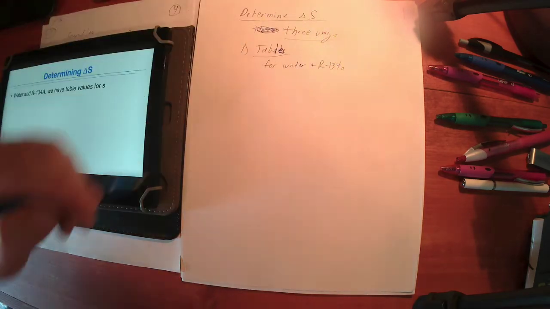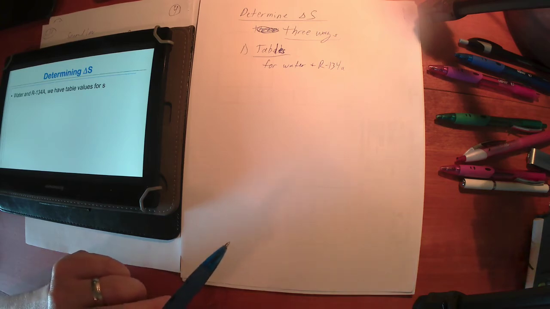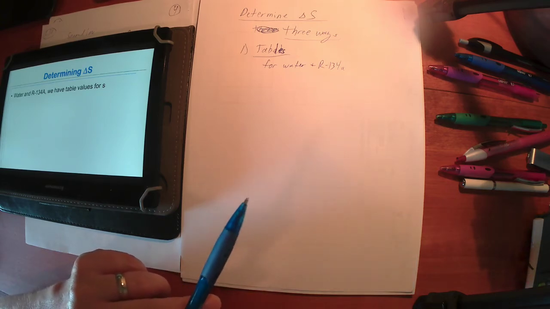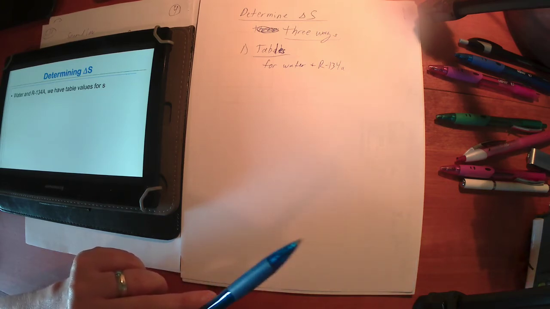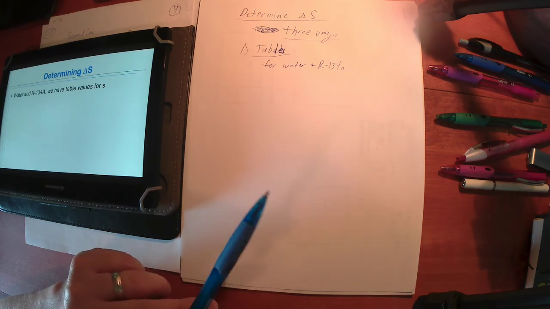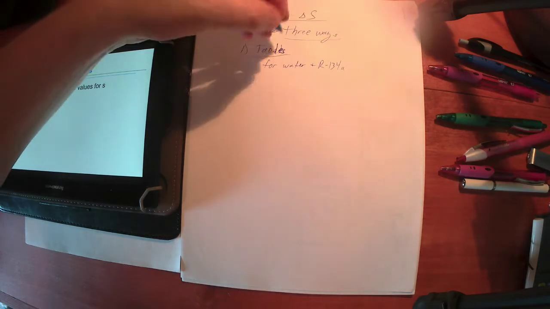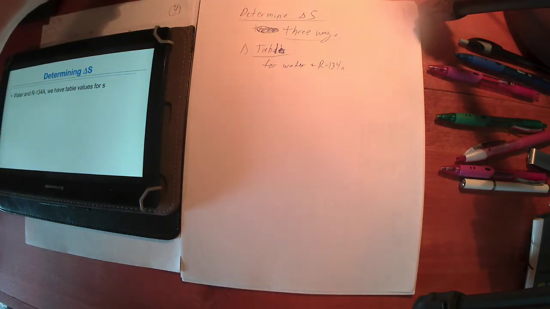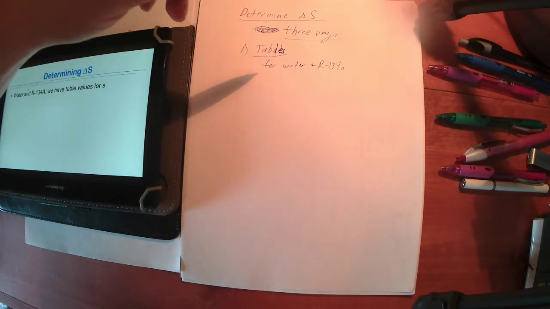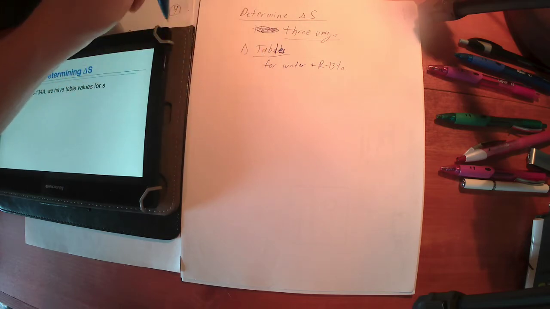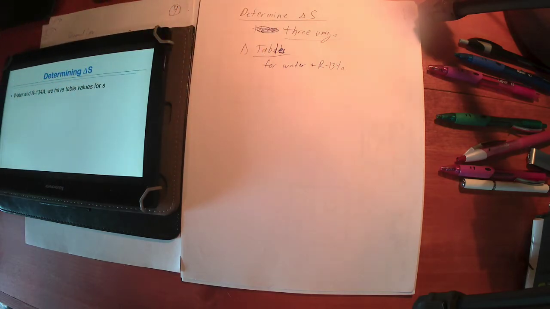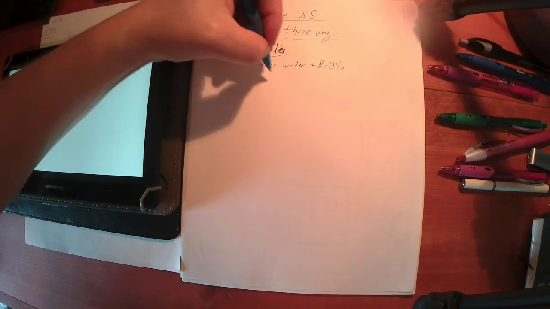In some other texts, you might have ammonia, you might have propane, you might have R22 in some older texts, or R12 in some really old texts. You might have R410a in a lot of modern texts. You might even have carbon dioxide, where there are some experiments using that as a refrigerant. So you can have different substances. In our text, we have tables for water and R134a, so if you learn how to use those, you can learn how to use any property tables.